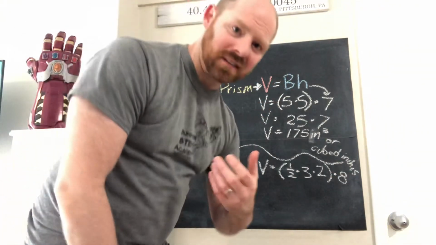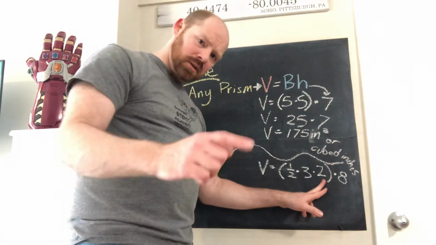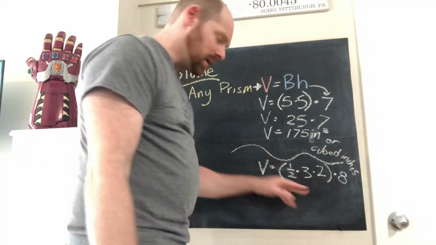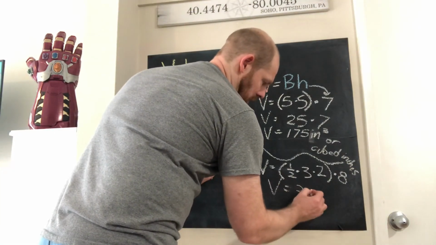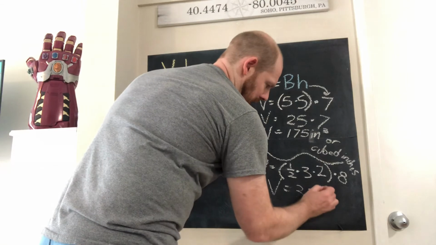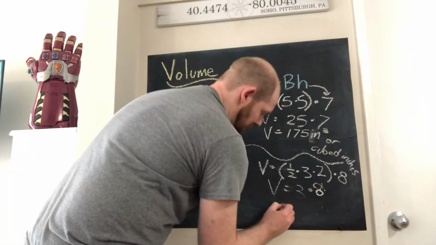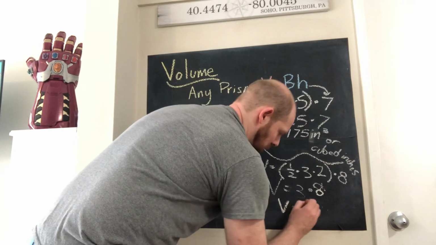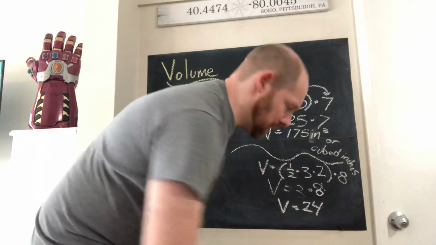And I measured this one in centimeters. So we have 1/2 times 2 is 1, times 3 is 3. So the volume is just going to be 3 times 8. And that's going to end up with a volume of 24. And again, this was measured in centimeters.